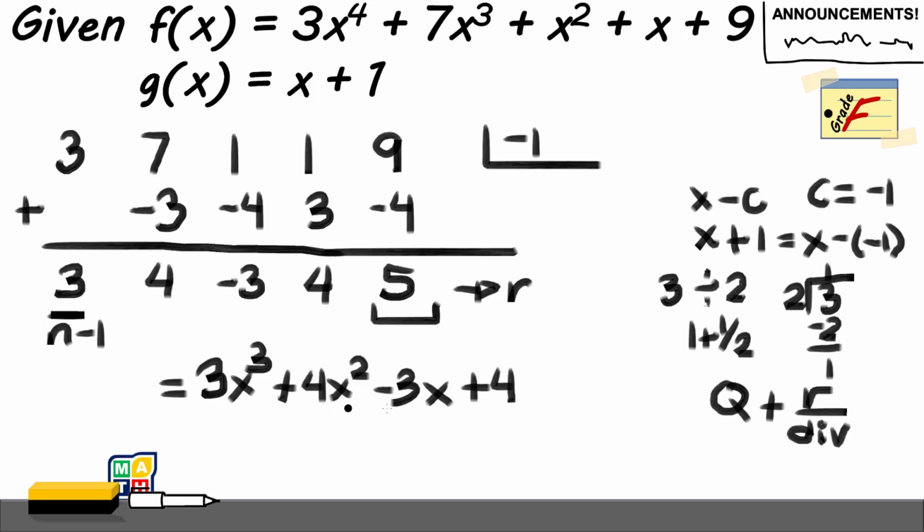This was our entire quotient, but plus your remainder 5 over your divisor x plus 1. Notice that we use plus here because this is positive. If this is negative, we are going to use minus 5 over x plus 1. This is now the result when you divide your two functions f of x and g of x, and we use here the process of synthetic division.